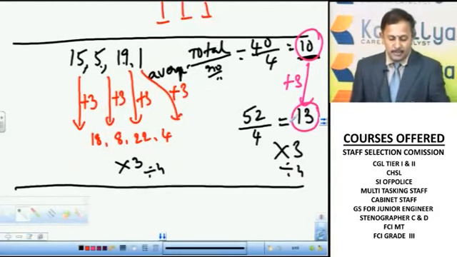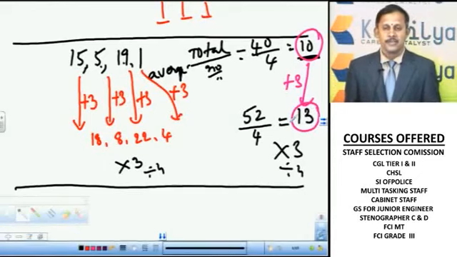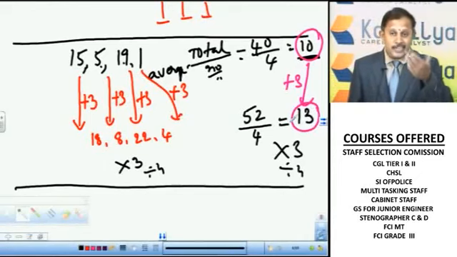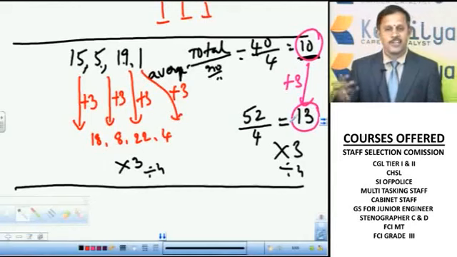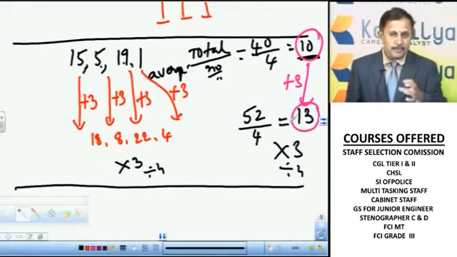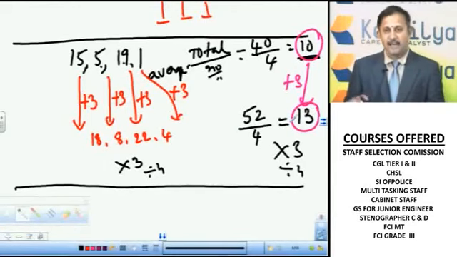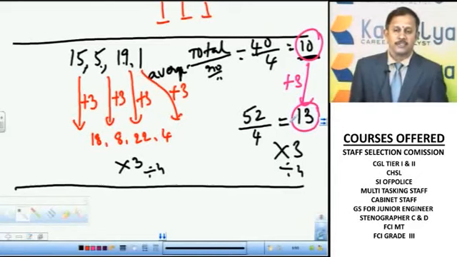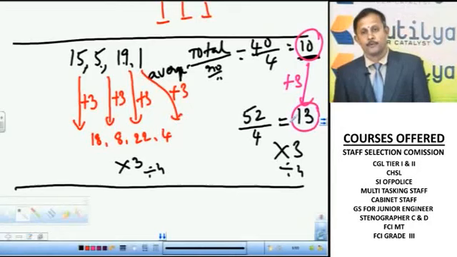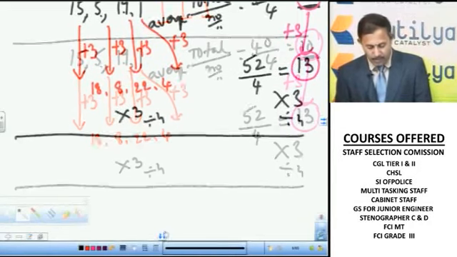Suppose each element is increased by 3, average also increases by 3. Suppose each element is decreased by 2, average also decreases by 2. Suppose each element is multiplied by 3, average also multiplied by 3. And suppose each element is divided by 4, average also divided by 4. So this is the example what you have to remember.